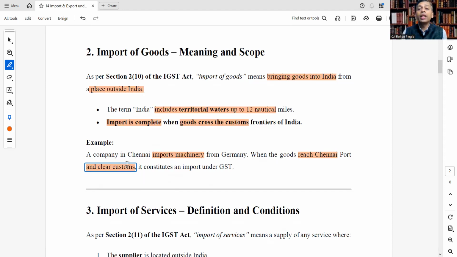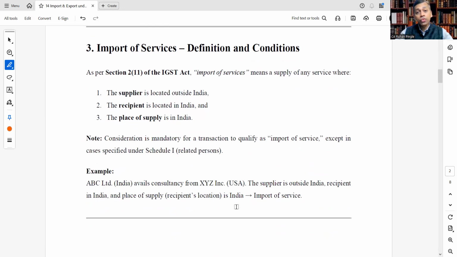When the goods reach Chennai port and clear customs, it constitutes an import under GST. So very important term. India includes territorial waters up to 12 nautical miles, and import is complete when goods cross the customs frontiers of India.